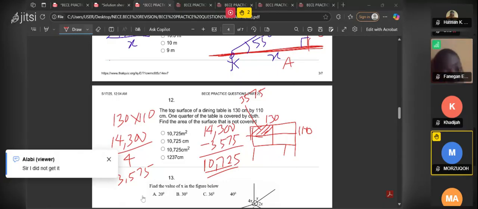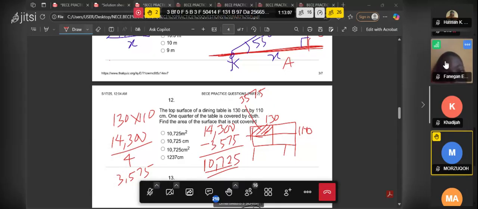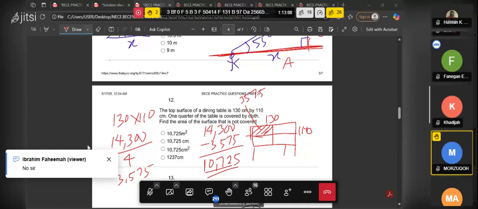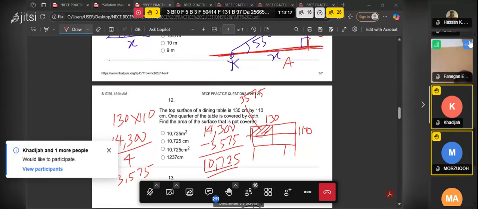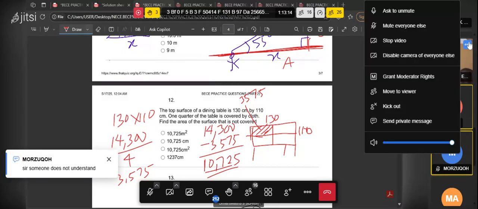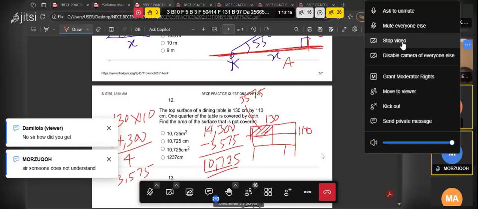Yes, I can see hands up. Oh, I did not get it.